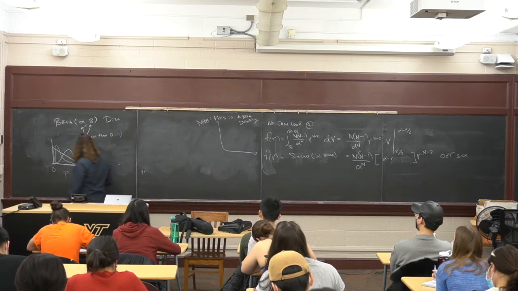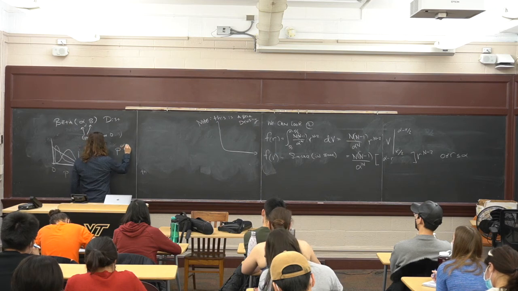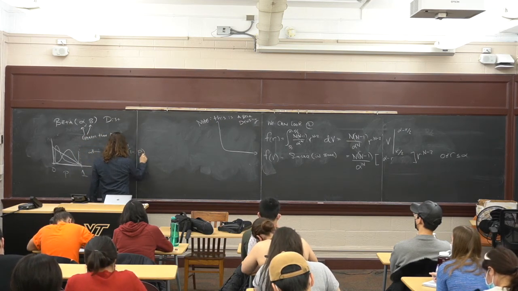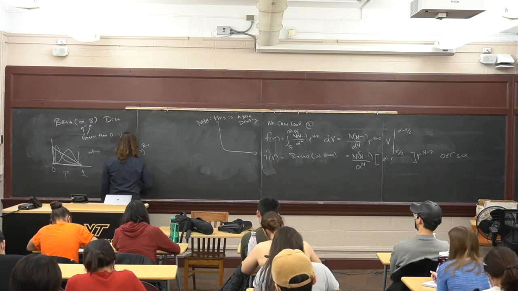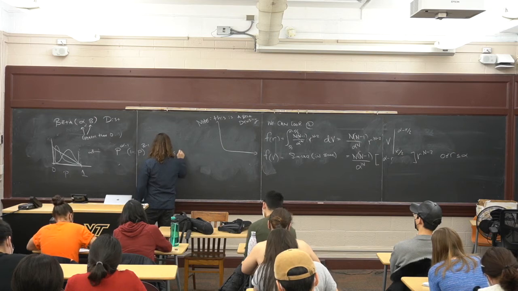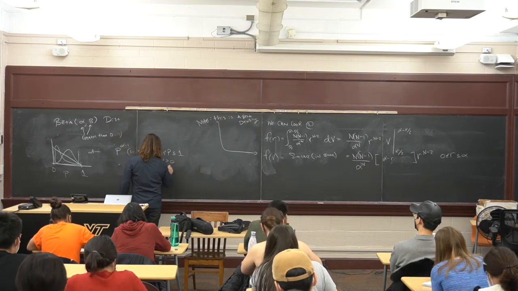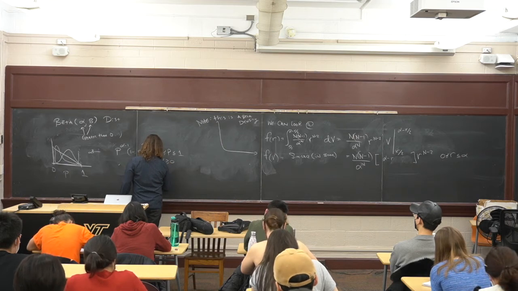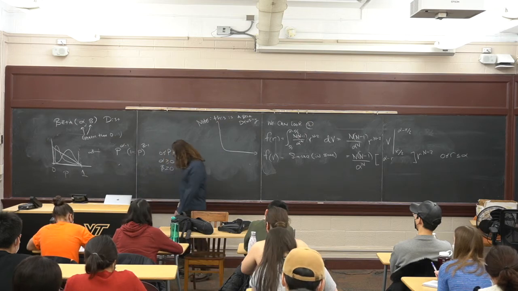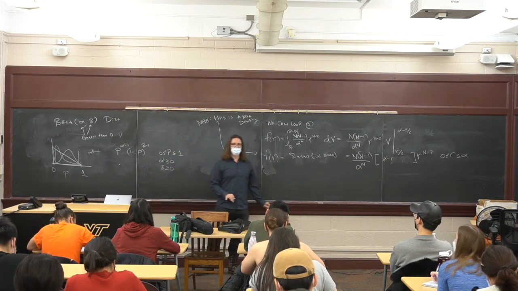So these look like this. So this is going to look like p to the alpha minus 1, 1 minus p to the beta minus 1. p is going to live between 0 and 1, and alpha is going to be greater or equal to 0, and beta is going to be greater or equal to 0. You cannot have both of these equal to 0.